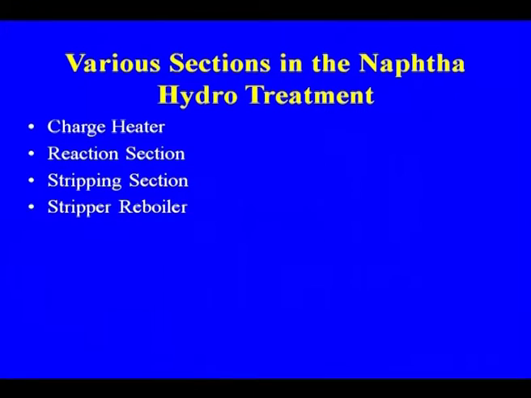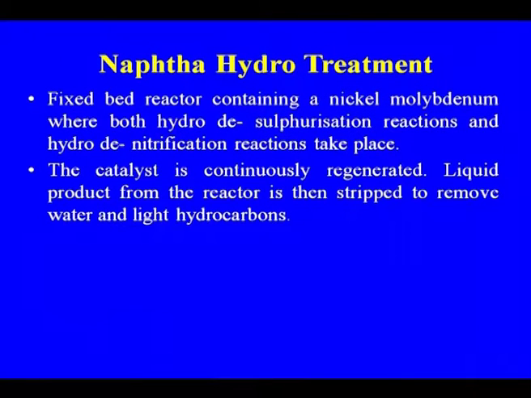So, these are the various sections in the naphtha hydrotreatment: charge heater, reaction section, that is the main reactor, stripping section, and stripper reboiler. A fixed bed reactor containing a nickel molybdenum catalyst, where both the hydrodesulfurization reaction and hydrodenitrification reaction take place.